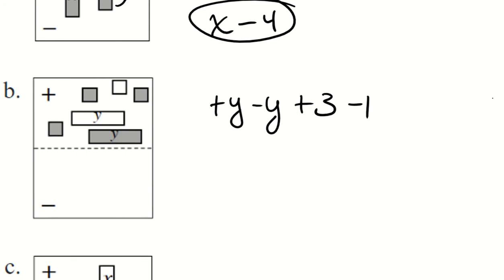Well, one of the things we know is that if we take things that are opposites of each other, they make 0. So I can group up this negative 1 and positive 1. That's gone. The one that is negative y and positive y, if I pair those up, those are gone as well.